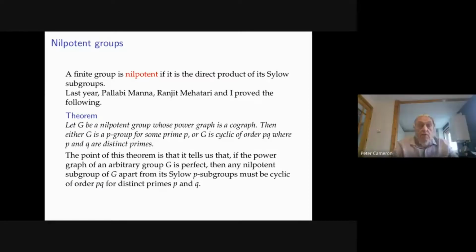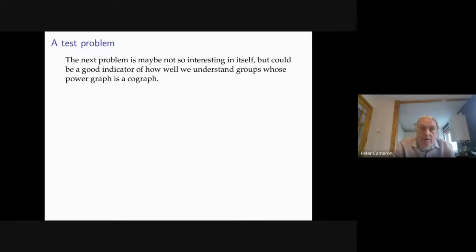So that's no restriction. We learn nothing about the Sylow subgroups directly. The only thing we learn is this fact that nilpotent groups which are not Sylow subgroups must be cyclic of order pq. I see. Okay. So it's a slightly indirect piece of information, but it is very valuable information.